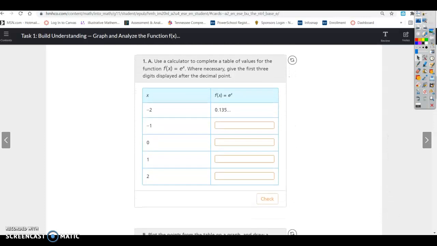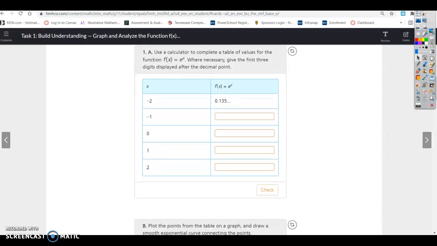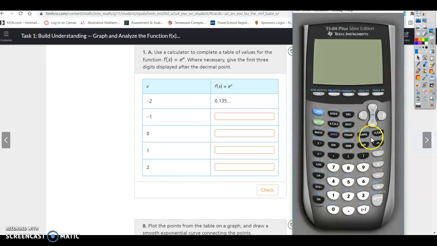All right, so use your calculator to complete the table of values for the function f of x equals e to the x. Where necessary, give the first 3 digits displayed after the decimal point. All right, so if you pull up your calculator, you see that pi is in blue right here, and e is right underneath pi. Okay, so it's in blue, which means when you use it, you have to use the second button. All right, so we want to do e to the negative 1 power.